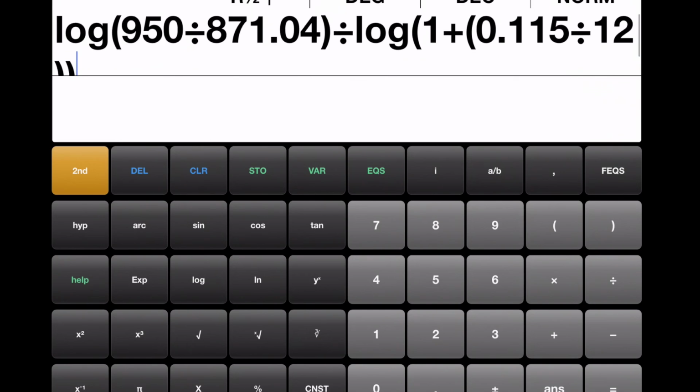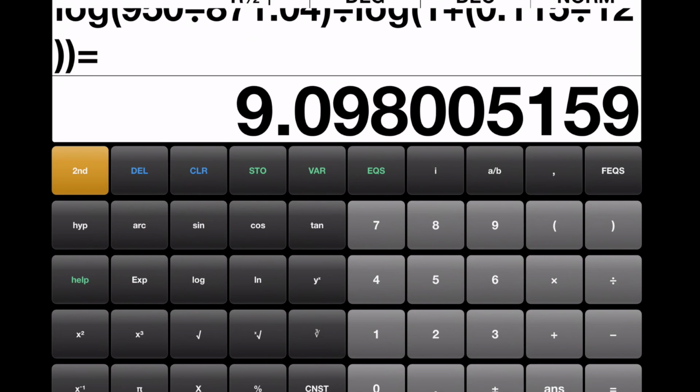I need my brackets to close. It equals, and there we have it.